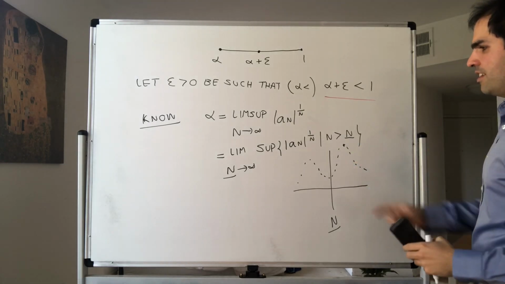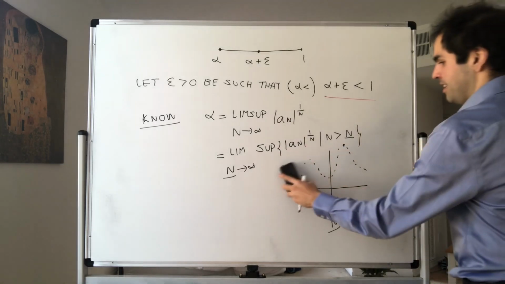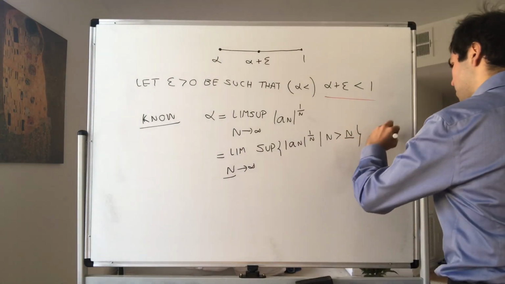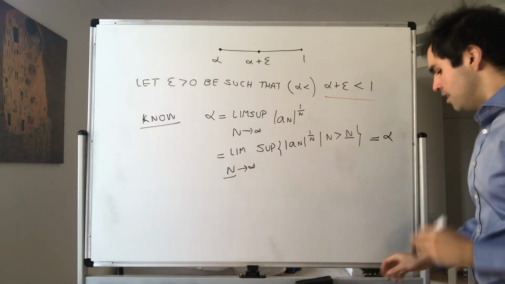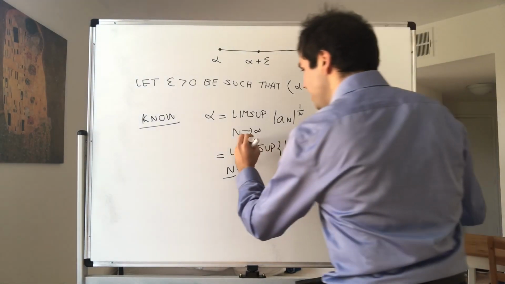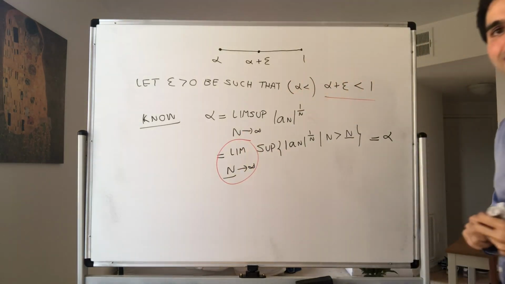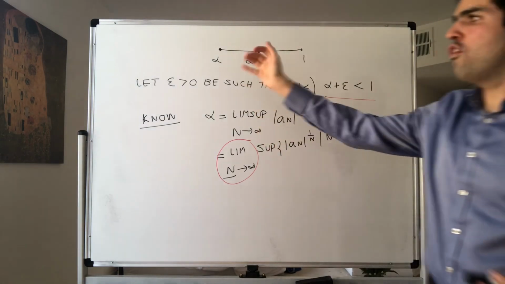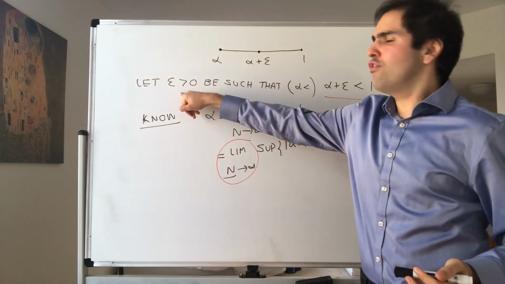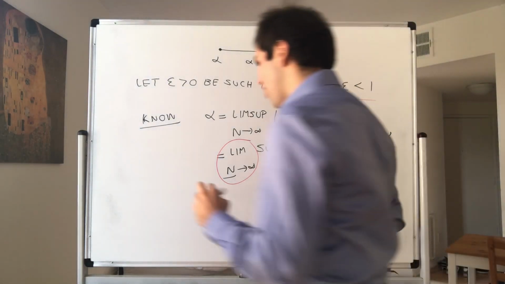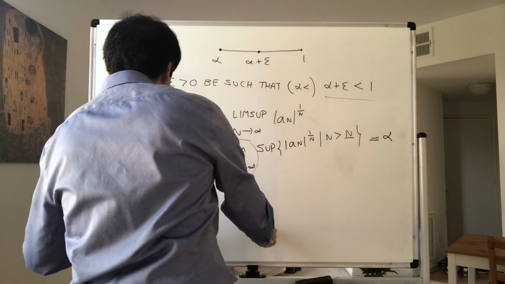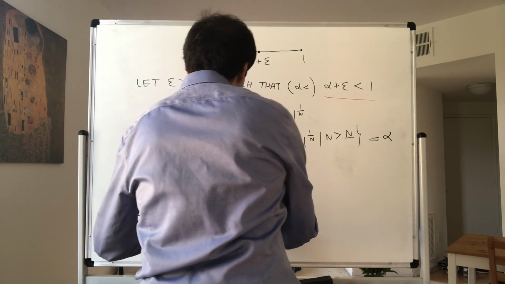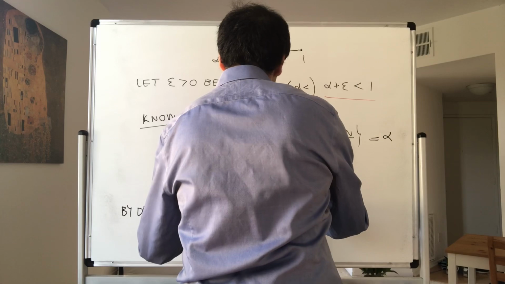Therefore, what do we get? We get that this limit is actually equal to alpha. Now, what does it mean for something to be a limit? Remember, it's this epsilon-N definition. So we know for all epsilon, therefore, for this epsilon, we have the following. By definition of a limit, we know that there is some threshold.